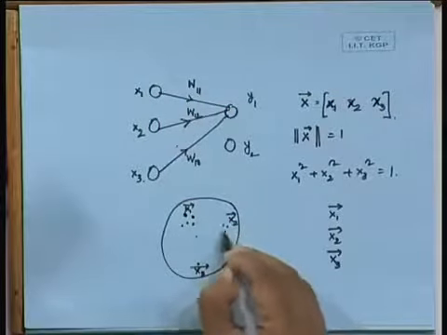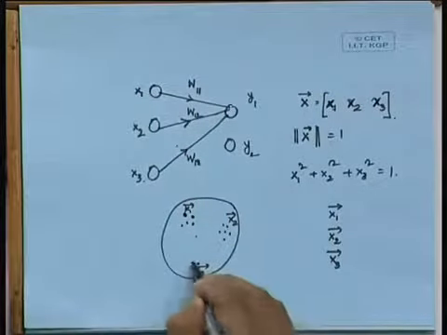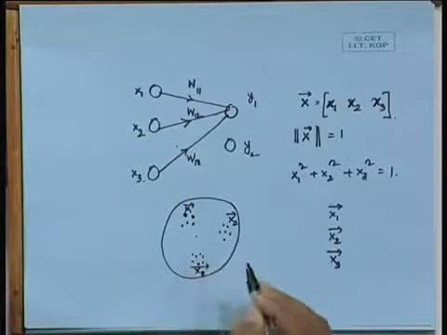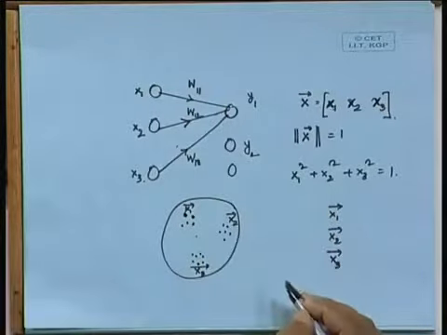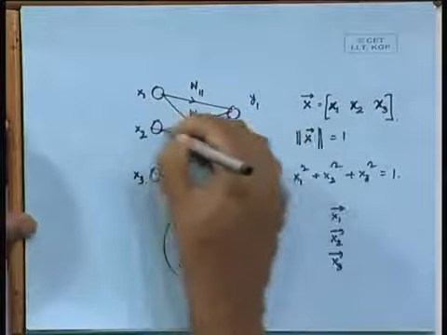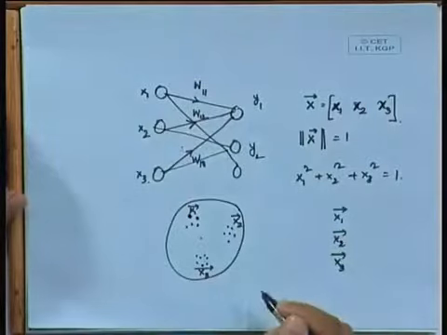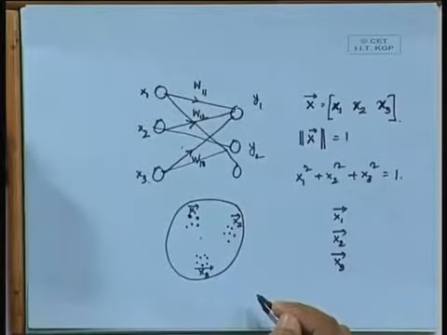And let us say that near around x2 we are having different patterns, near x3 we are having different patterns, and let us say that we have got 3 output neurons, neurons 1, 2 and 3. So, that means this type of competitive learning network can really classify the patterns into 3 different classes.